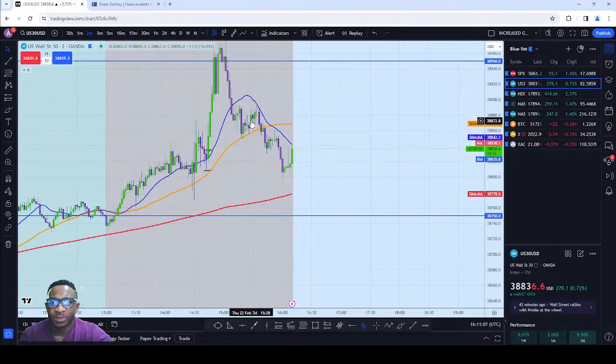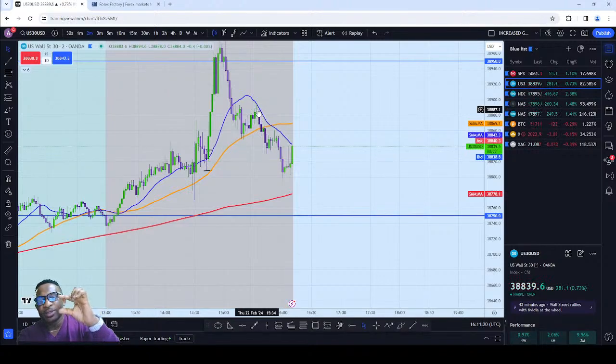So if perhaps you are okay to take this risk, you enter here, you put in your stop loss above here. If it works, great. If it doesn't, you are coming out with that tight stop loss you put in place, because you are not prepared to lose anything more than this amount.